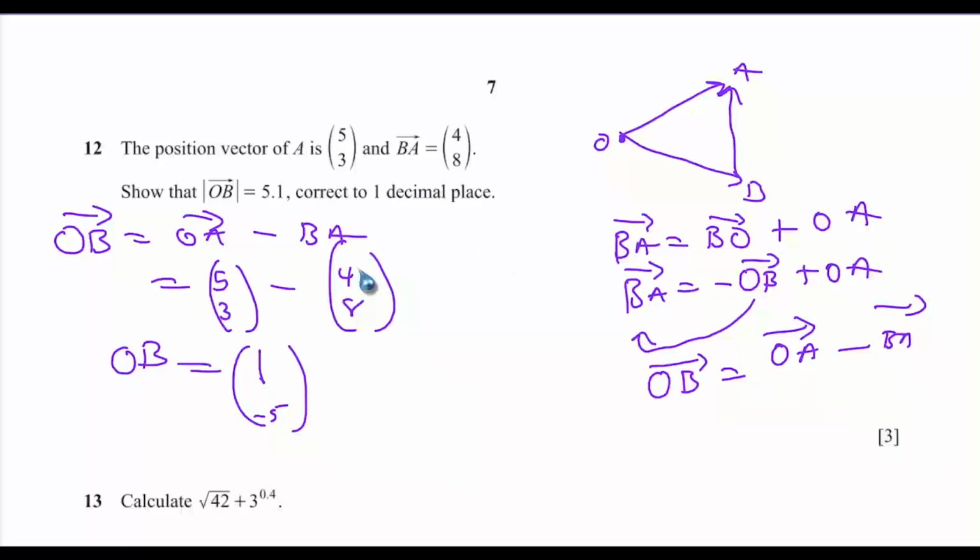Now the final part is to find the magnitude or modulus of OB. So that's what we need to do. To do this, we make use of the formula: the magnitude of OB will be equal to the square root of x squared plus y squared.